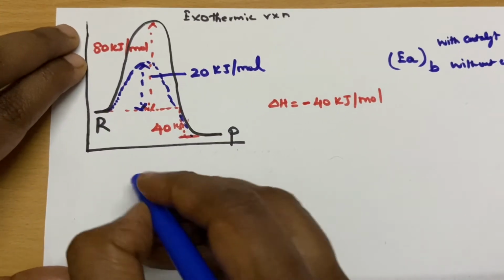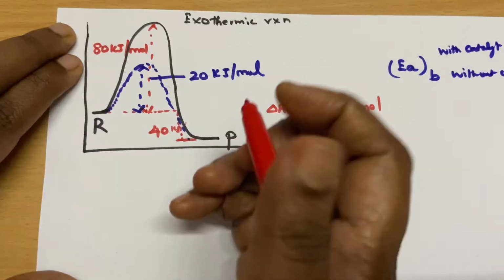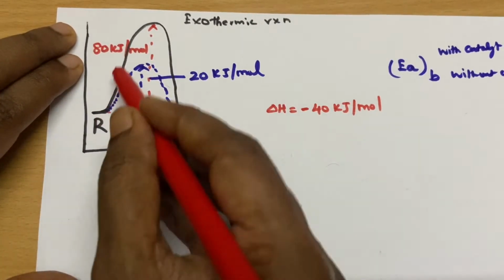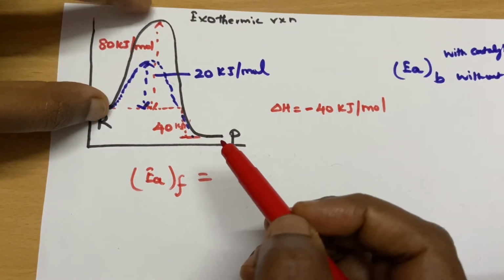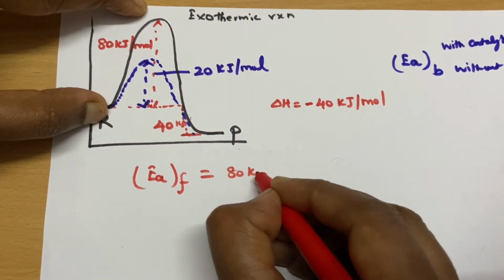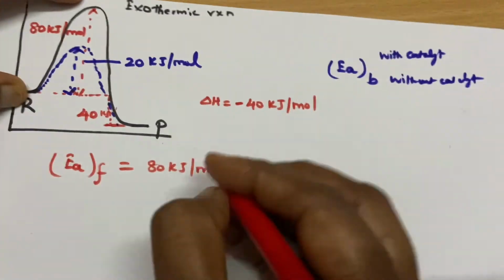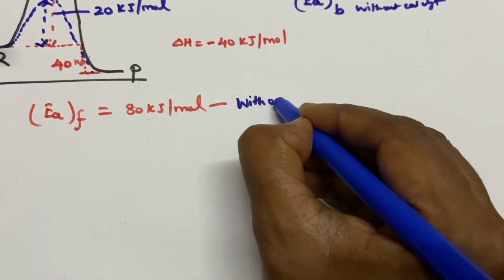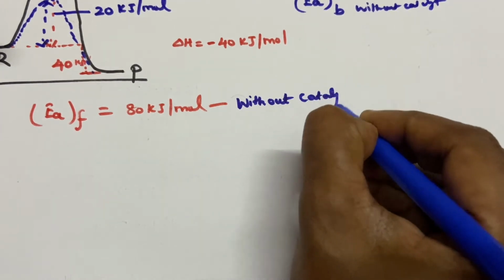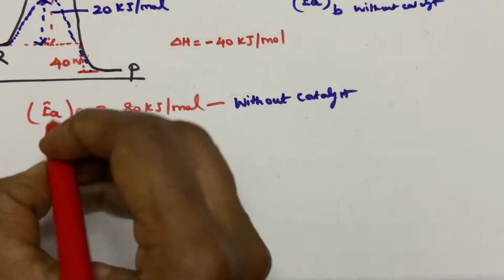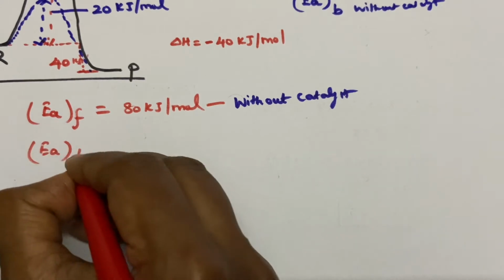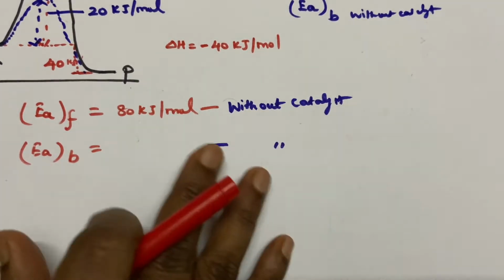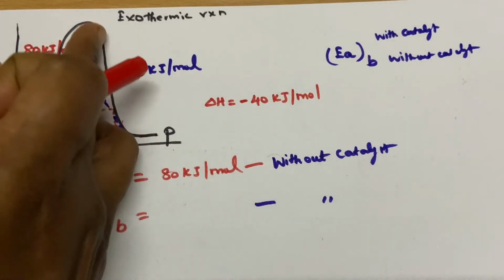See, what is the energy of activation here? Energy of activation of the forward reaction. For the forward reaction to happen, we have to supply 80 kilojoules per mole, and this happens without catalyst. And the energy of activation for the backward reaction, same without catalyst, we have to find out. So what is that? This is the backward reaction, students.